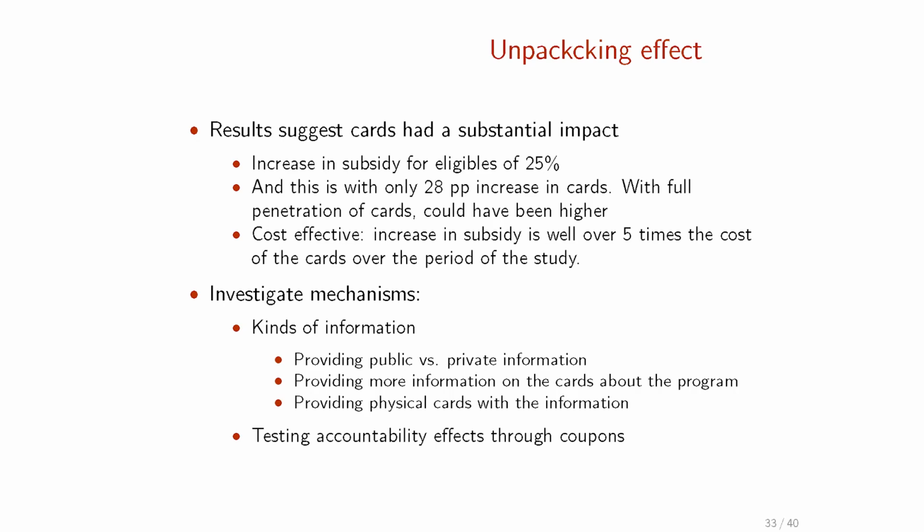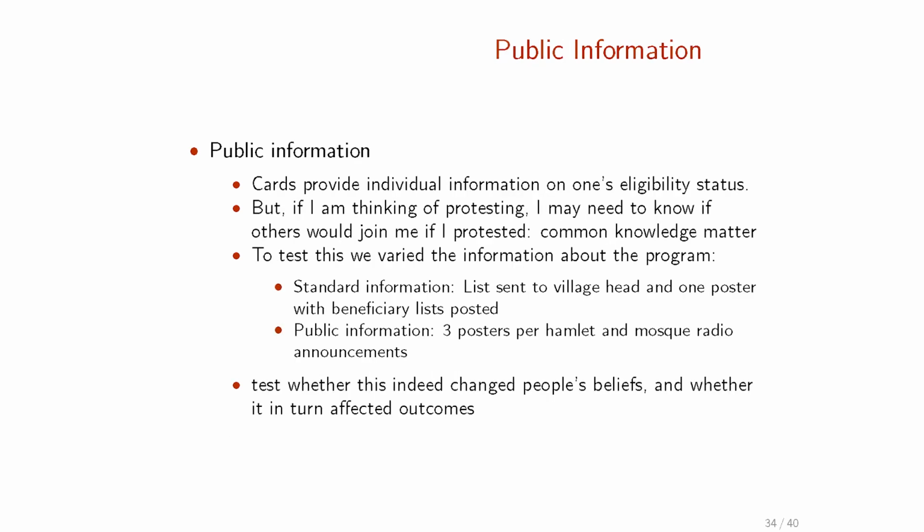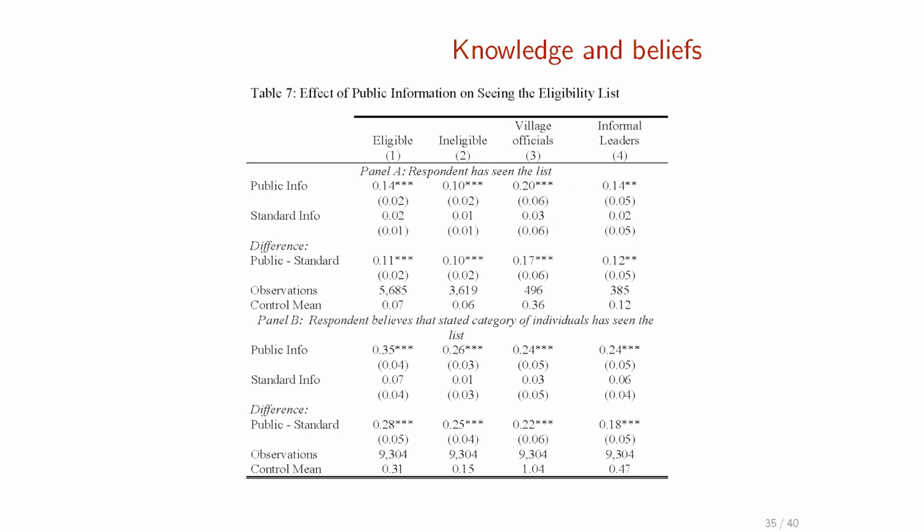And now what we can look at is to investigate the mechanism by comparing all of the sub-samples. So first, let's look at public information. In the public information case, people were more likely to have seen the list.